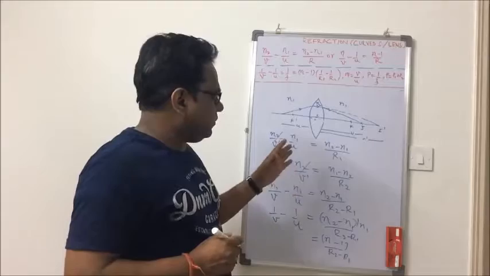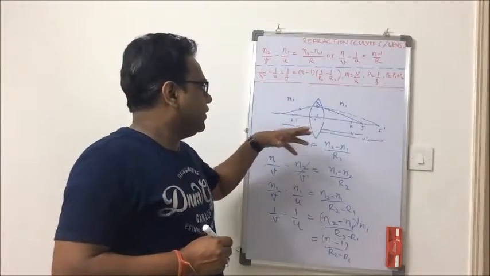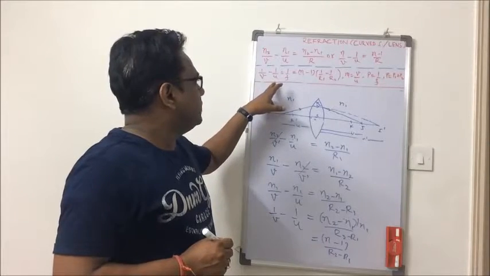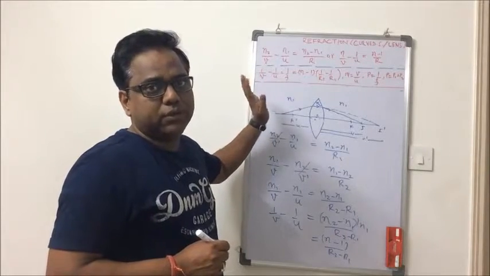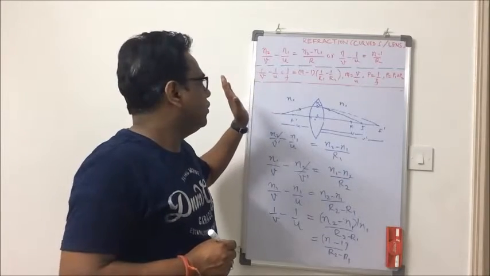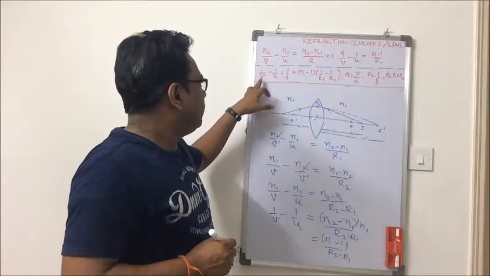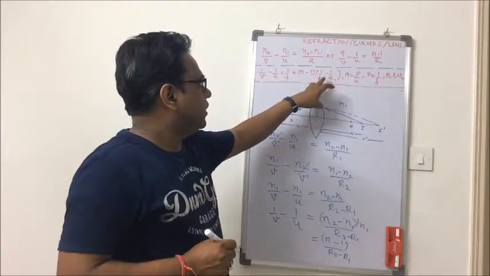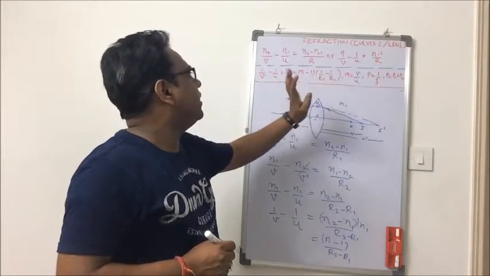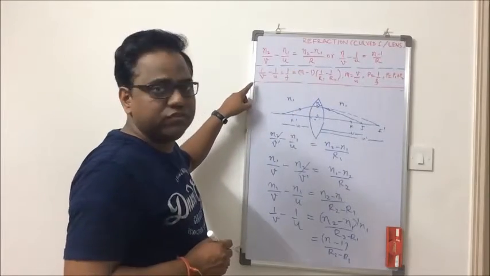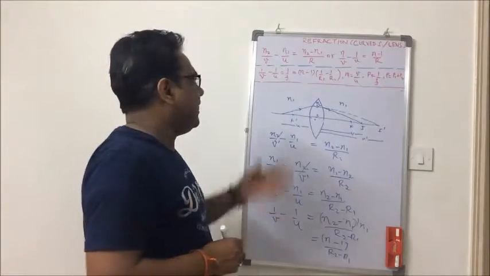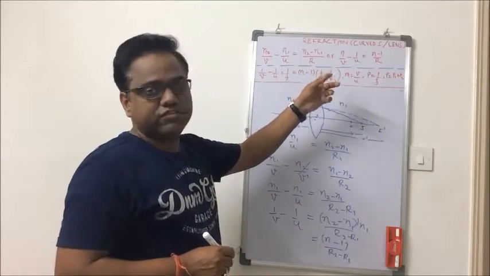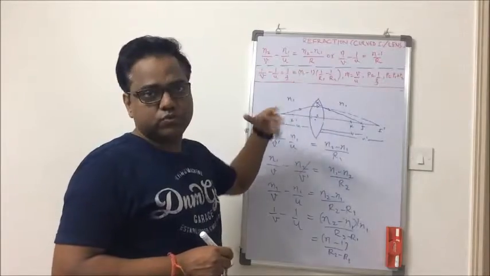So now you take the example when U is at infinity, the object has been put at infinity, then 1 by V would be N minus 1 times 1 by R1 minus 1 by R2, right? That would be your 1 by V. Okay, and that is a fixed quantity because our radii of curvature are the same, and the refractive index would be the same.